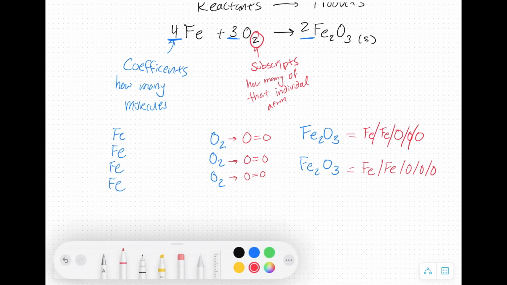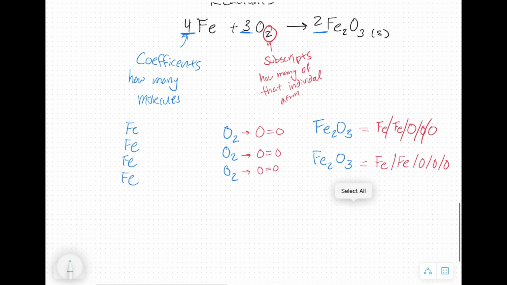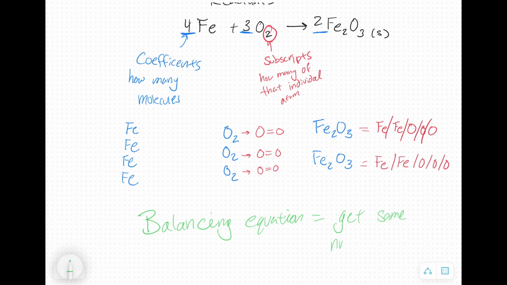And then we talked about this idea of balancing the equation. When we talk about balancing an equation, all we're really trying to do is get the same number of atoms on both sides.